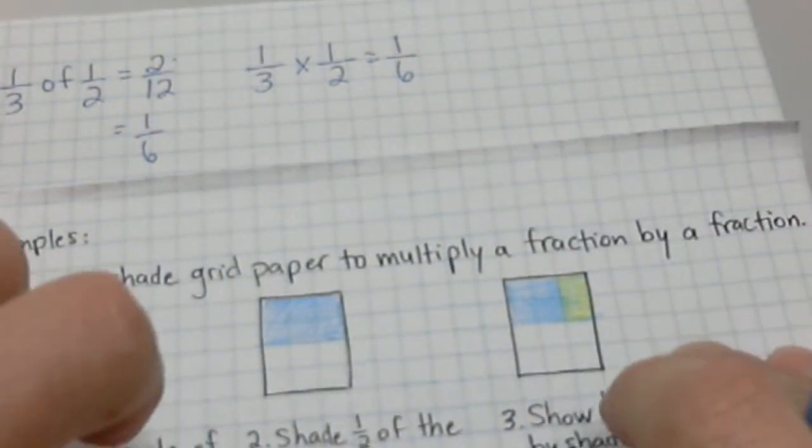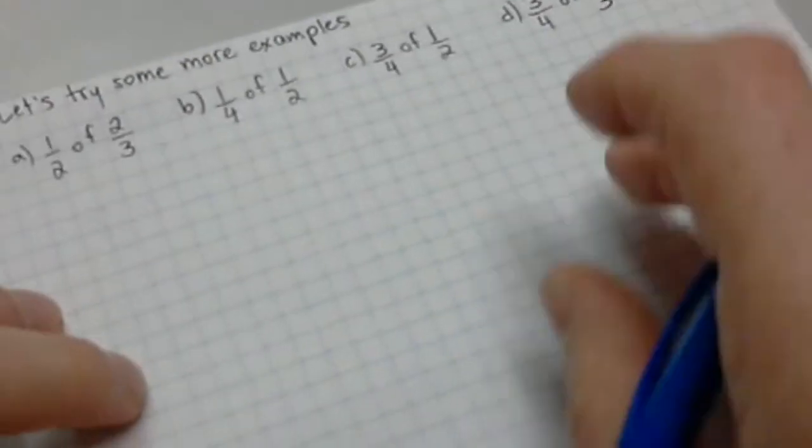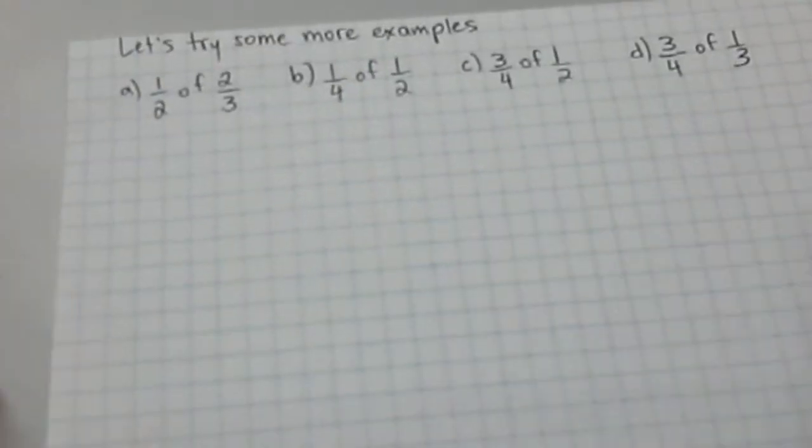Now we're going to get a quick chance to do a couple more examples, where we now have a half of 2/3. I need to draw out my grids.